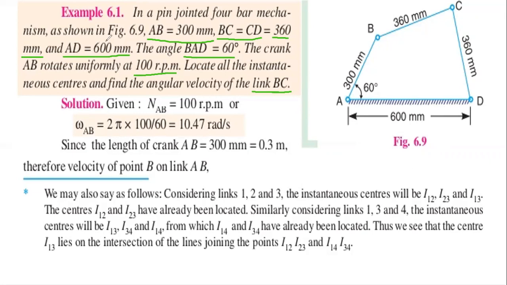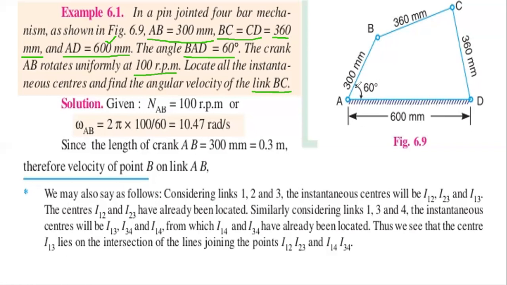So draw the line AD, which has a length of 600 mm. Take your own suitable scale, so 1:5, 1:10, or 1:20. Then from the point A, take 60 degrees in the anti-clockwise direction to the link AD.